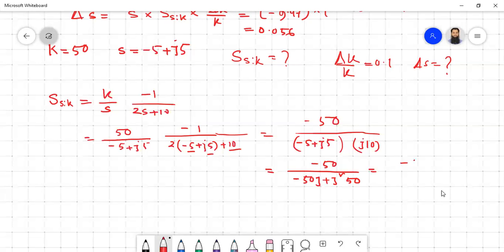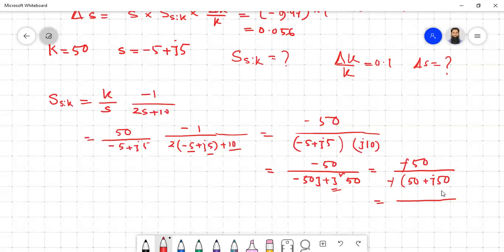Okay, so minus 50j square is minus 1, so you can take the minus common, so what will be left is 50 plus j50. So this thing is becoming plus.